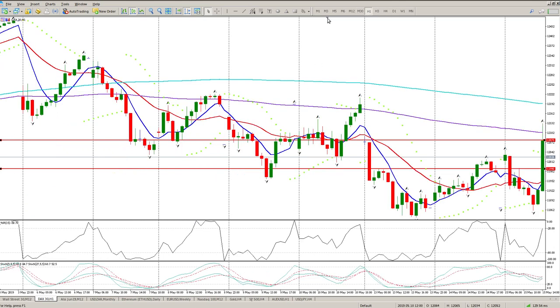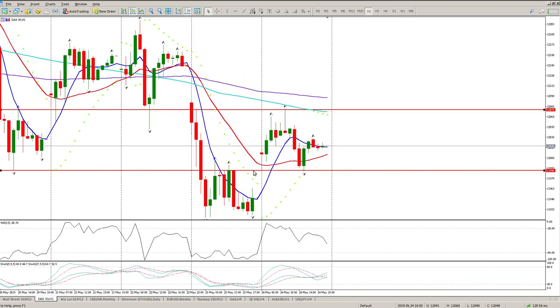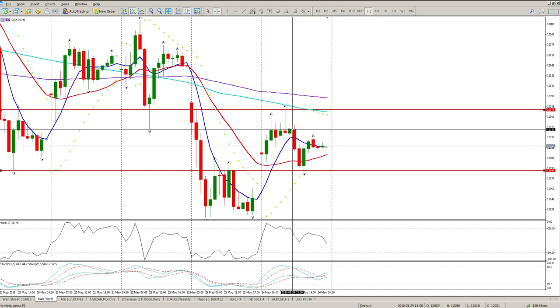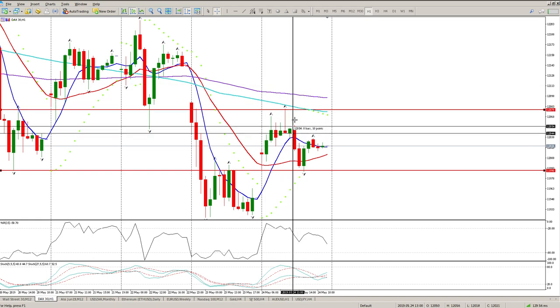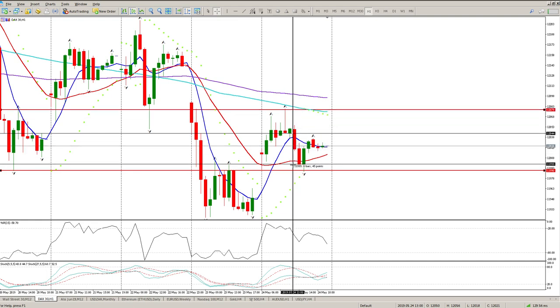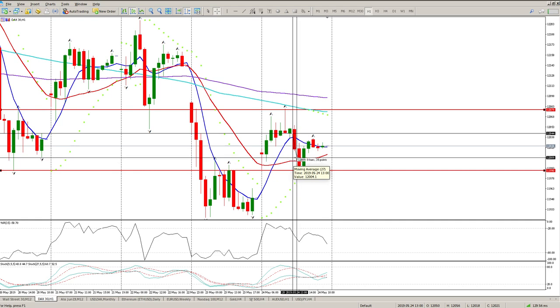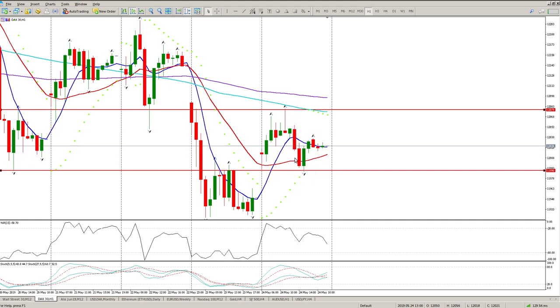Let's get down to the hour, and you'll see pretty much a nothing day on Friday. We do have a big pin bar here, but that pin bar was a 35-point pin bar. Pretty much the traders have traded that one out, come to test this breakout is what they've done.